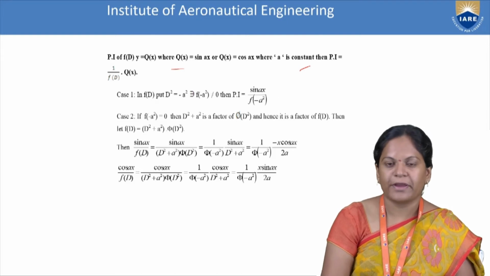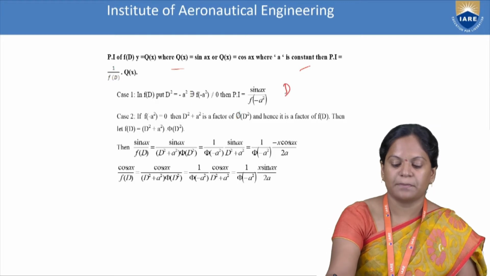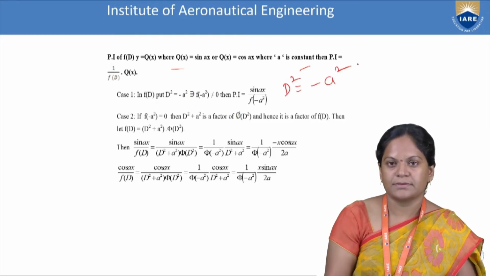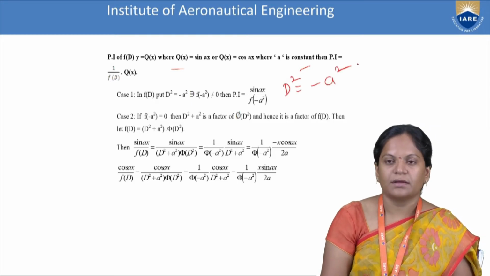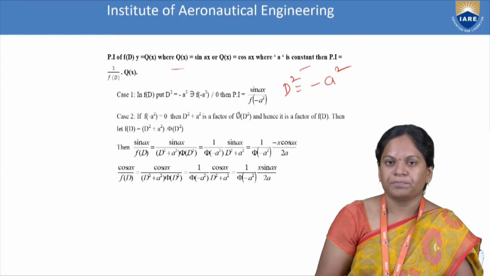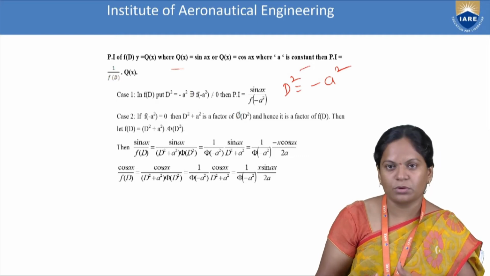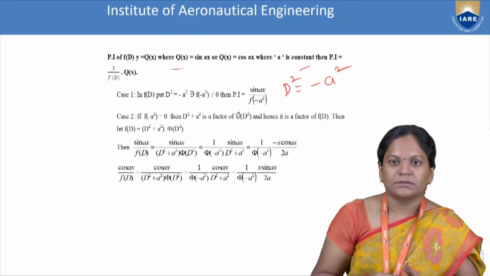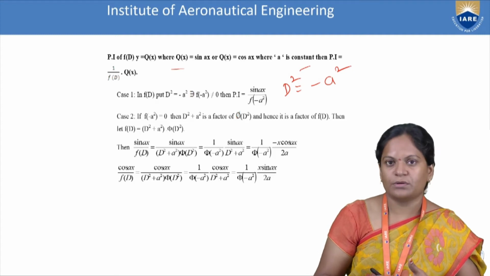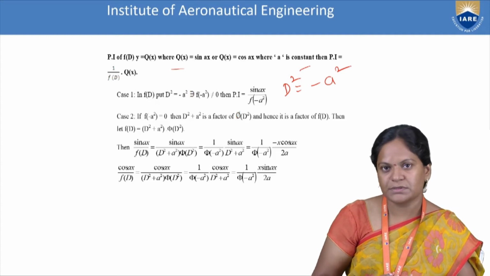So wherever in the operator form, substitute in place of D squared simply minus a squared. For example, with a polynomial like aD squared plus 2D plus 1, in place of D squared substitute minus a squared. Sometimes the result is not equal to 0, sometimes it is equal to 0.